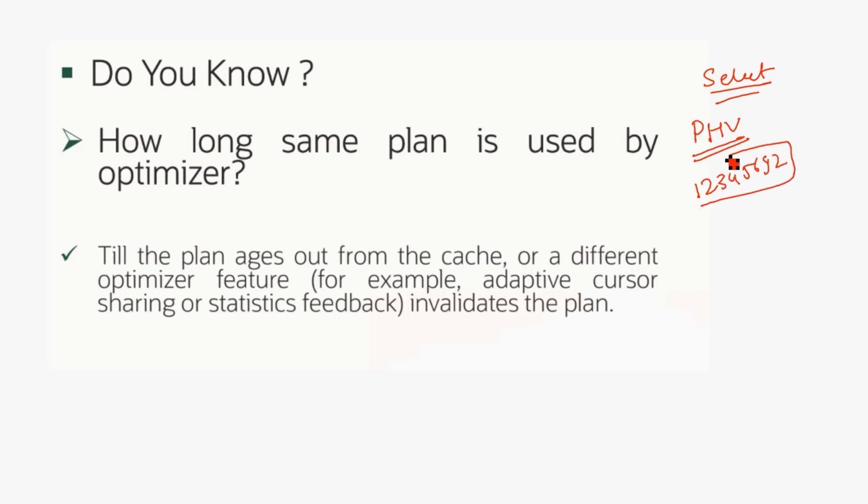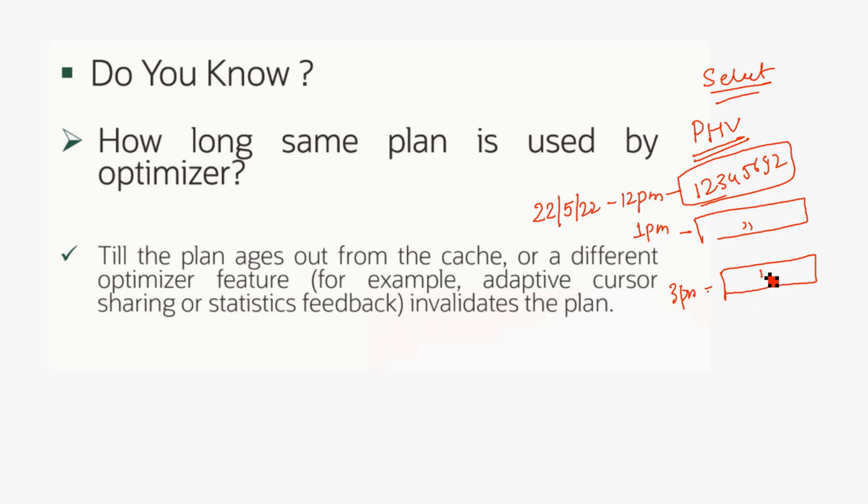This is the plan hash value taken by the optimizer and used for the particular query. This select query was run on 22nd of May 2022 at 12 p.m. with this plan. Again, the same query is triggered at 1 p.m. and it takes the same plan. At 3 p.m. also it takes the same plan. Okay, so is it possible to select the same plan every time?